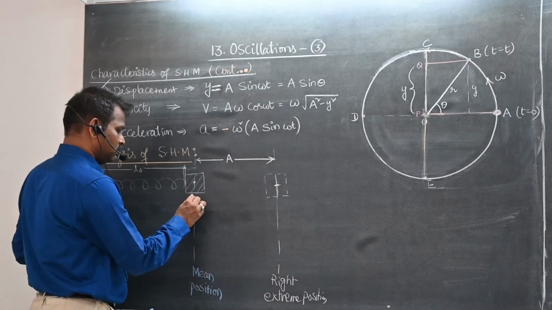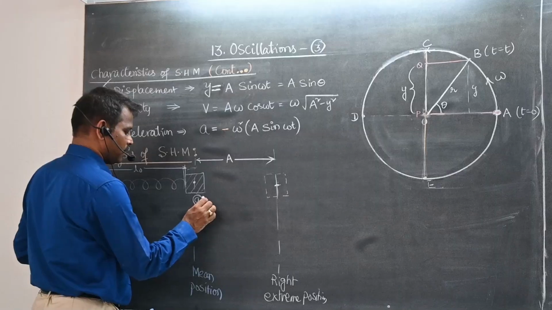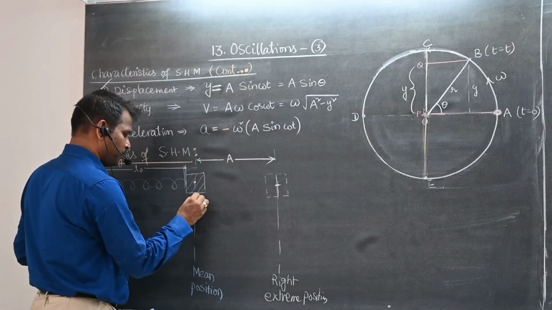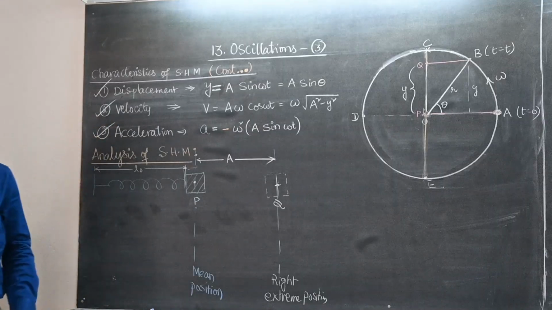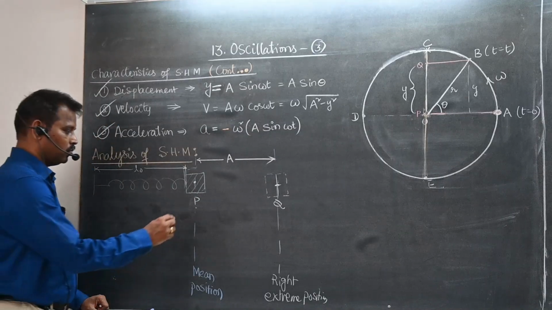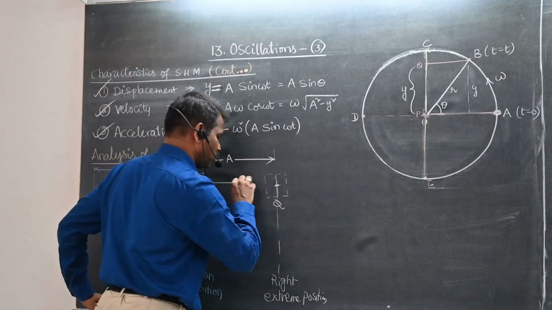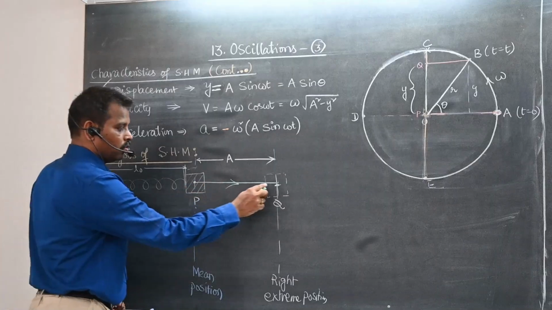Let us say this position I call a small a. I will take this as position P, and this position Q. The block moved from P to Q.